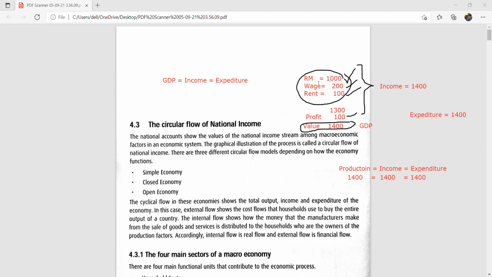It is called circular flow of income. So the same theory, what I said, can be recognized with the circular flow of income.